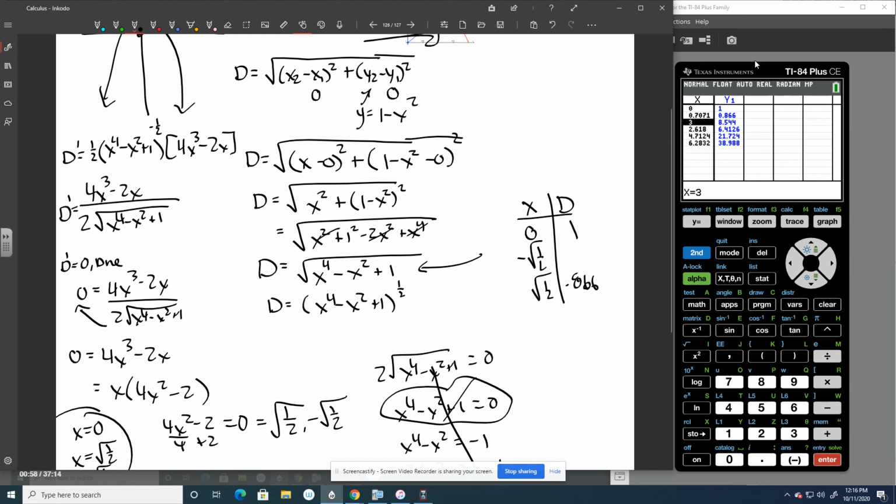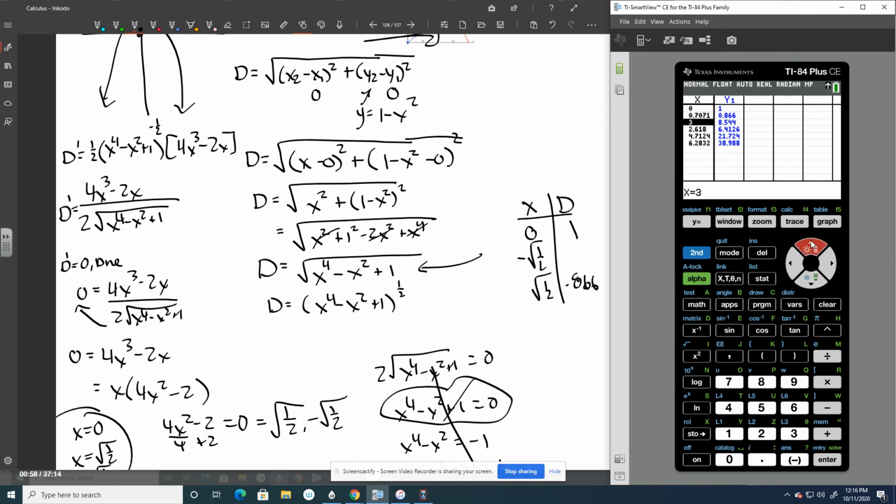Now this negative 1/2, if I try to plug in, oh, come on. What are we doing? If I plug in a negative, I get the negative to the fourth minus a negative plus 1.